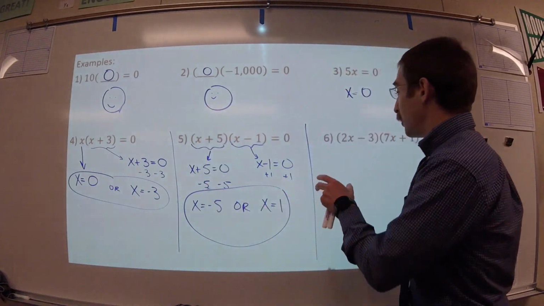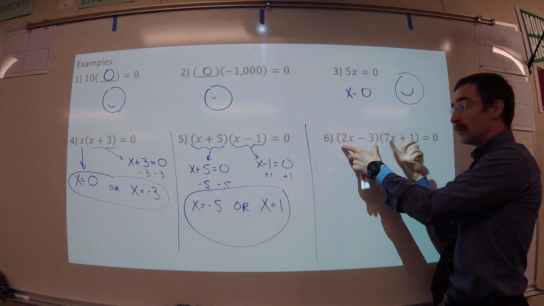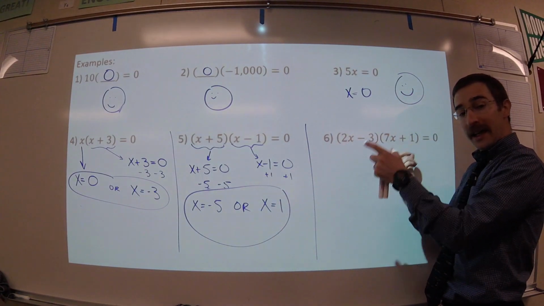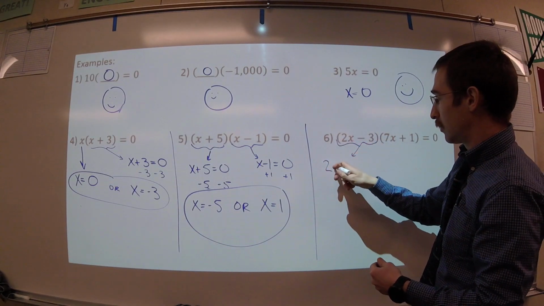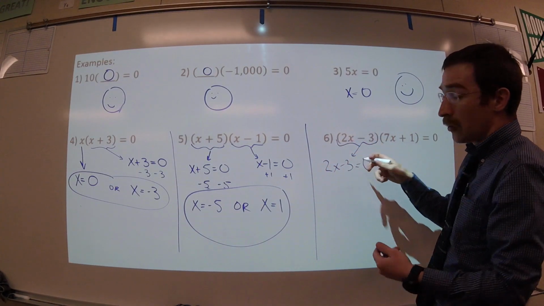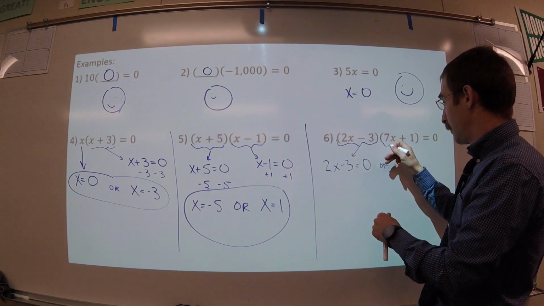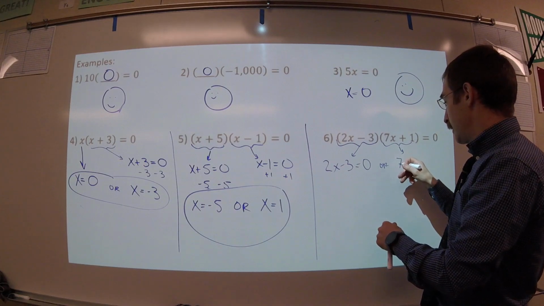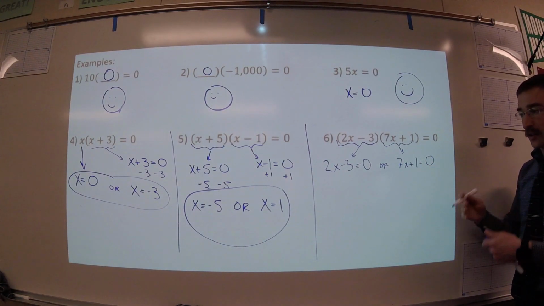But you want to actually think about what you're doing. You're saying, hey, we have multiplication equal to 0. The only way to answer that is when each thing being multiplied could be 0. So either 2x minus 3 is 0, or 7x plus 1 equals 0. We're going to solve each of those.